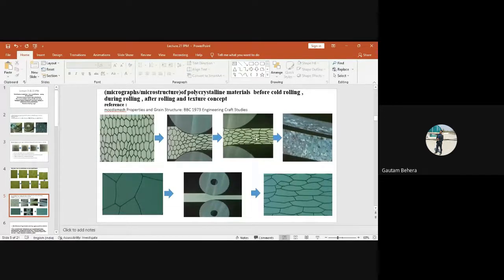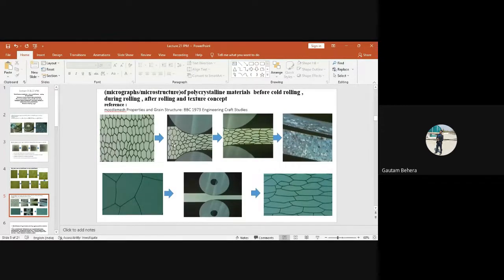The same grain boundaries are present. Does anybody remember what is happening here? Just compare the image of this one and now this one. What is happening to the grain?